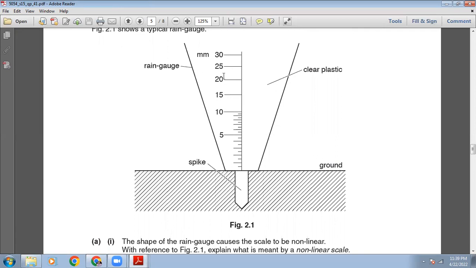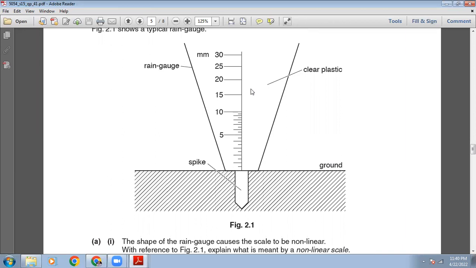It's like a jug, but the jug is in the shape of a cone. It can measure up to 5 millimeter, 10, 15, 20, 25, 30 millimeter. It is made of plastic, it's transparent, and the water is collected during raining in this. From here, I can read how much it has rained.